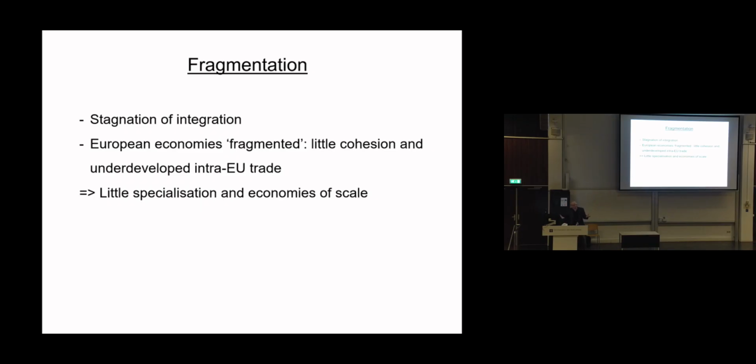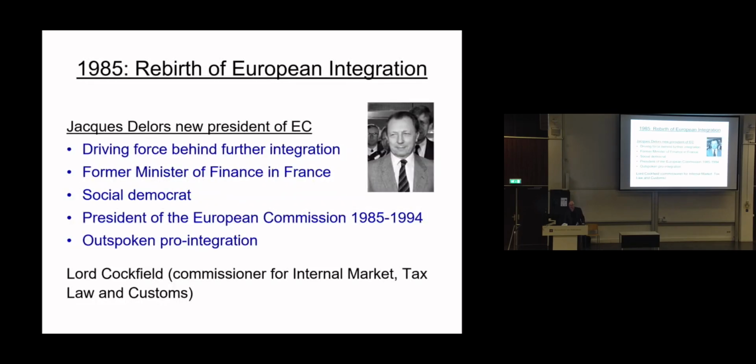and there was little specialization and economies of scale. Yesterday I showed you that was seen by economists as the basis for prosperity, international trade by specialization and economies of scale. Now, that was about to change in 1985.